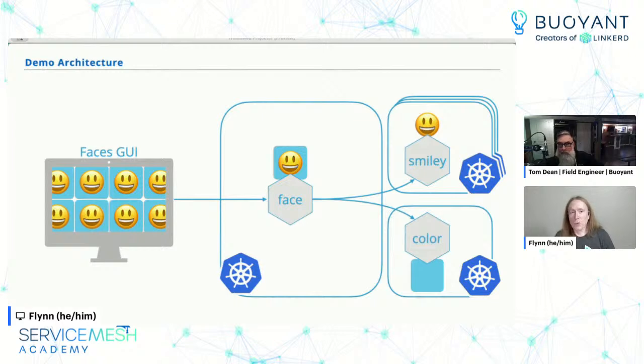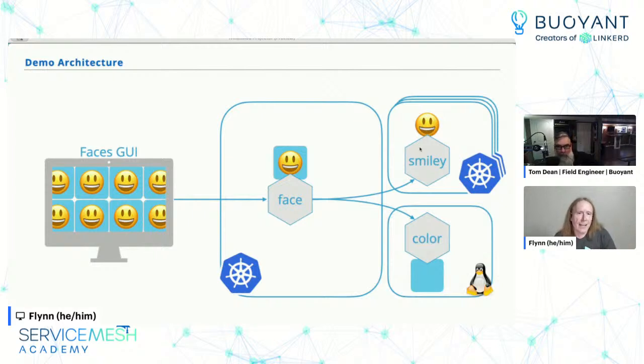The Face workload and the GUI, the workload that serves the HTML, will be running in their own cluster. Just for fun, this is a K3D cluster. These are kind clusters. And I lied, the Color workload isn't running in a cluster at all. It's just running in a Docker container attached to a network.